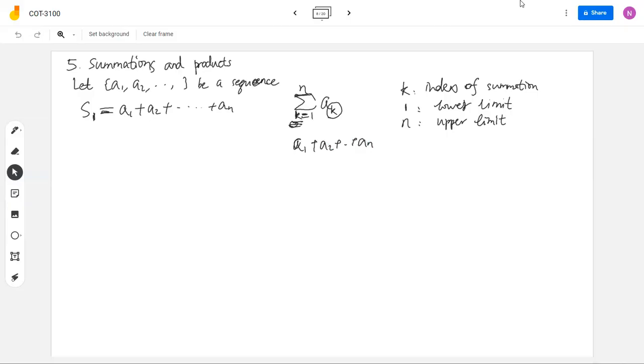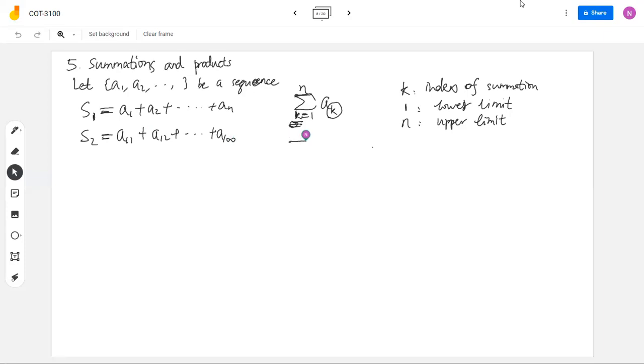Okay, let's see another example. Suppose I have S2 equals A11 plus A12 plus A13, all the way to A100. How are we going to express this using sigma notation?